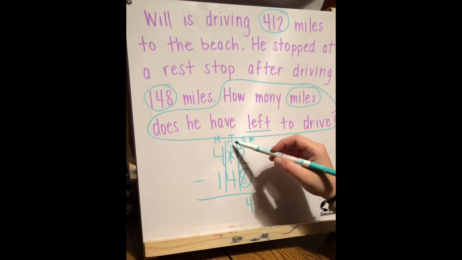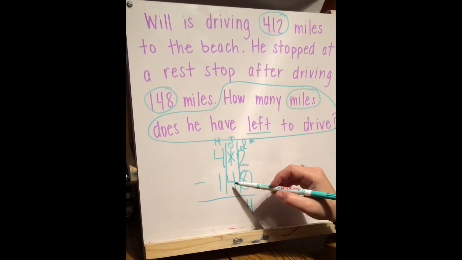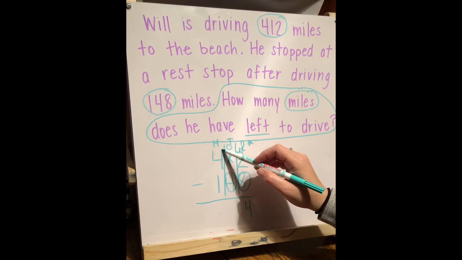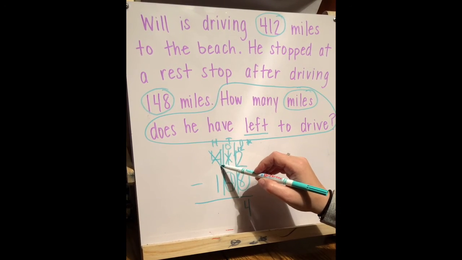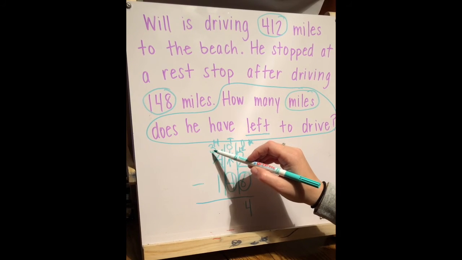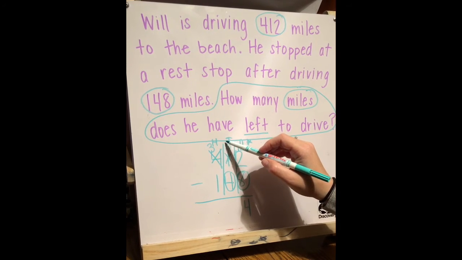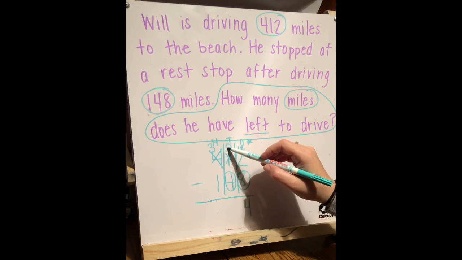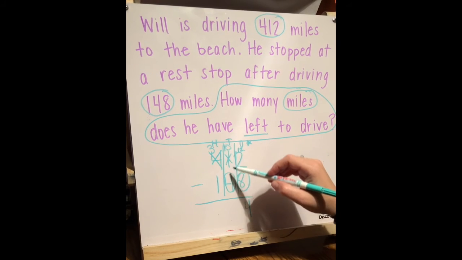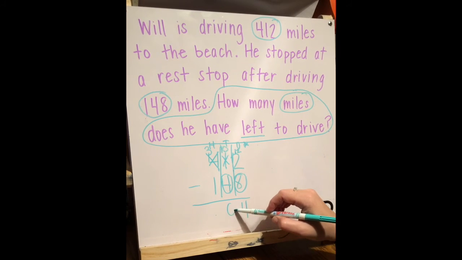Go to our tens column, we have 0 minus 4. Our bigger number is on the bottom, so big bottom, regroup, come over to the hundreds column. Used to have 4 hundreds, now we only have 3. We're going to take that hundreds block, we're going to break it into 10 tens. So we didn't have any tens, but now we have 10 tens. So 10 minus 4 is 6.